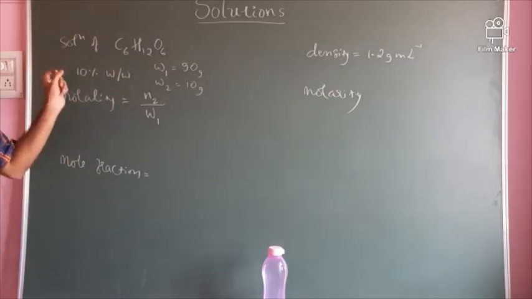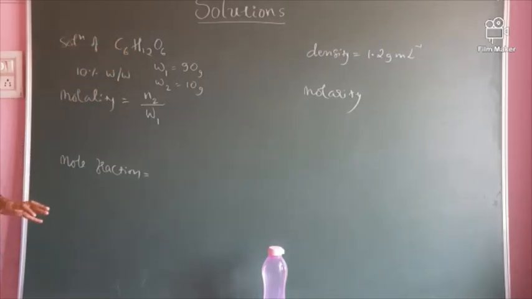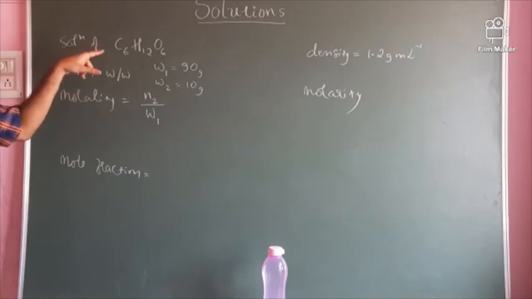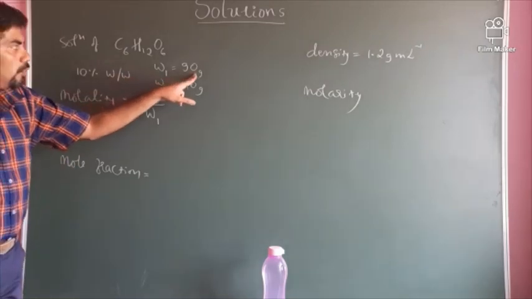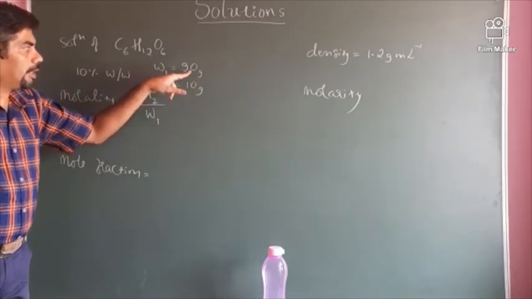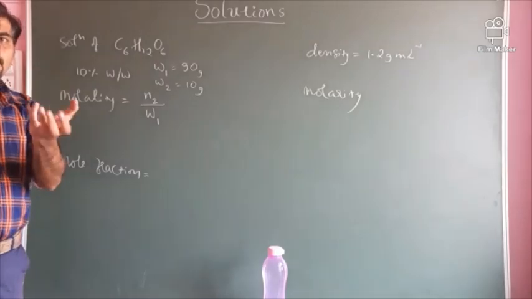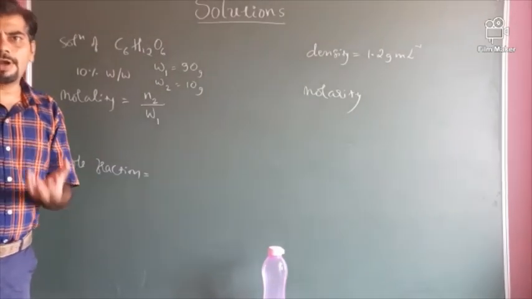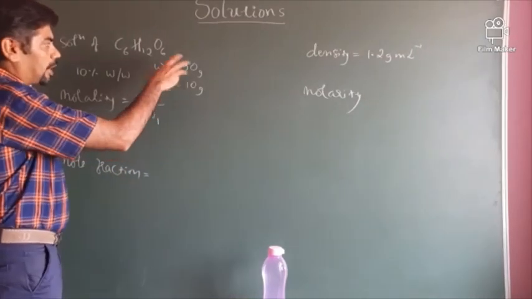That means there is 10% glucose by mass in 90% water. If 10 grams of glucose is taken, then there is 90 grams of water. In 90 grams of water they have added 10 grams of glucose to get a 10% weight by weight solution. This is assumed.